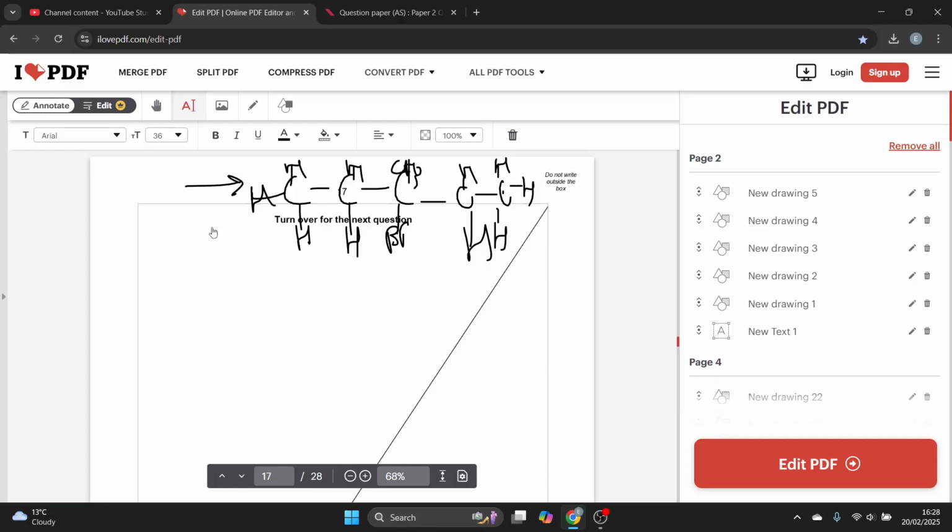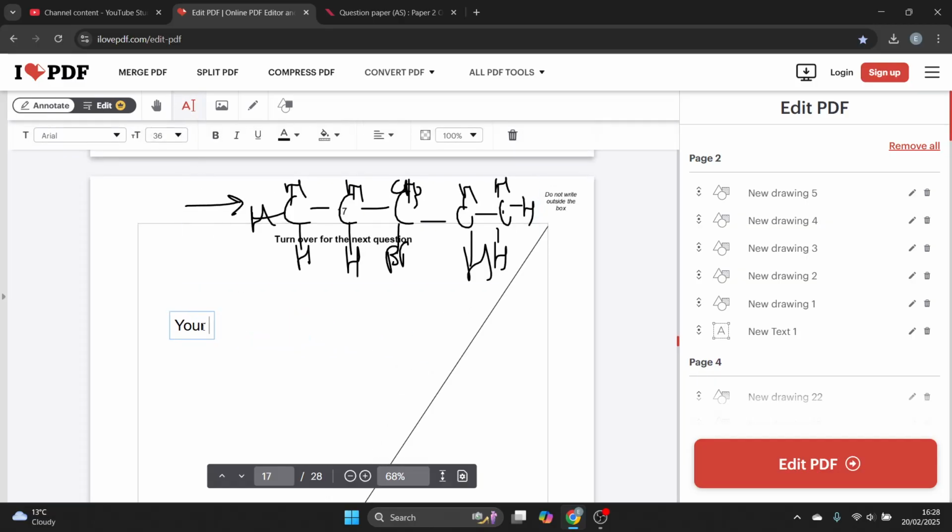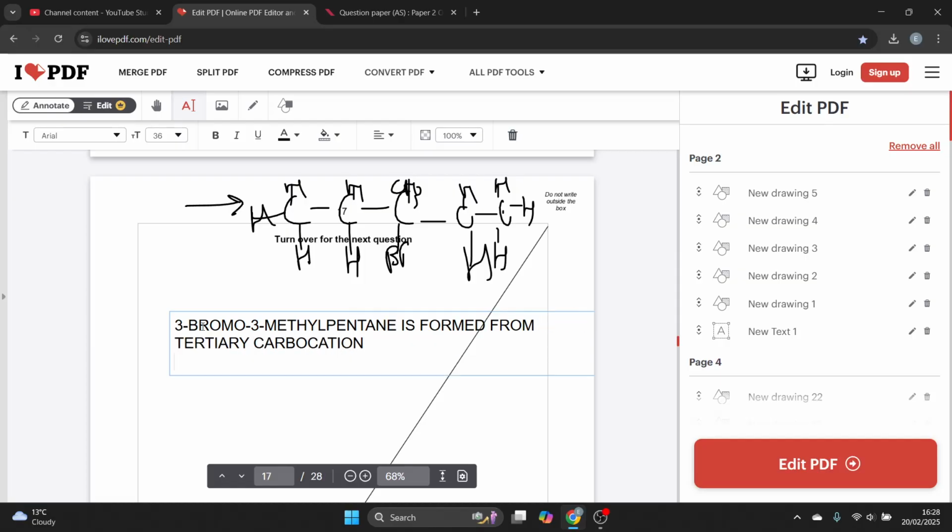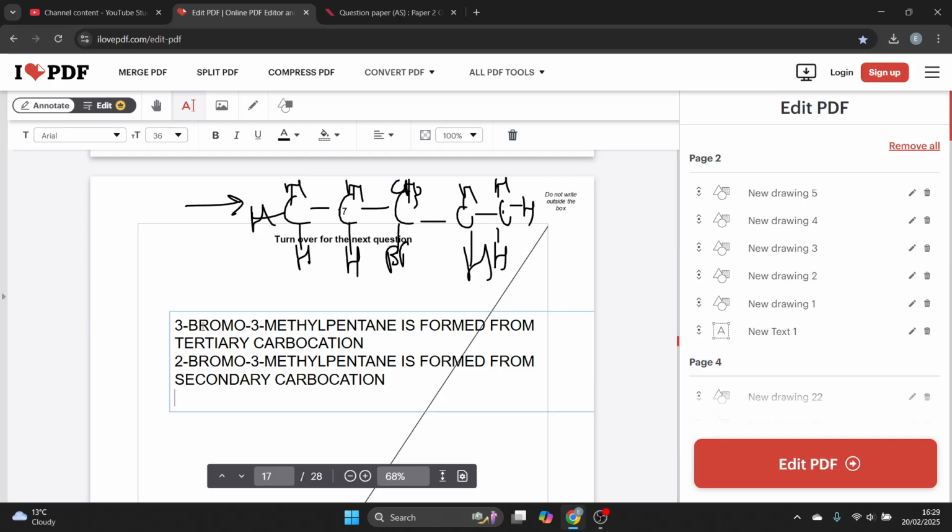In this case, you talk about carbocations. 3-bromo-3-methylpentane is formed from a tertiary carbocation. 2-bromo-3-methylpentane is formed from a secondary carbocation, and then say tertiary carbocation is more stable than secondary carbocation.